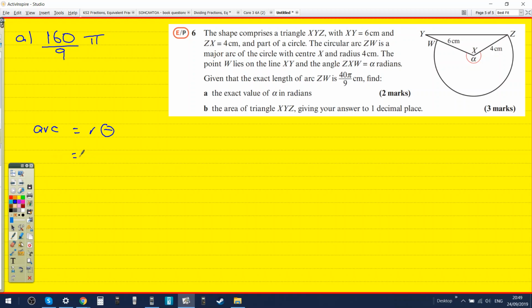And B, the area of triangle XYZ. They've given me 2 sides and 1 angle.